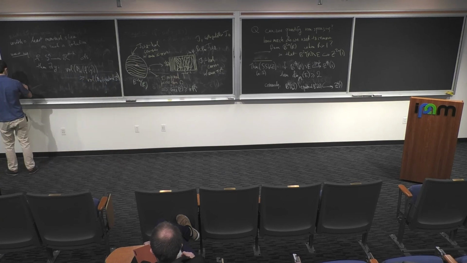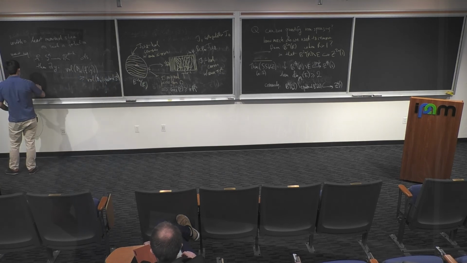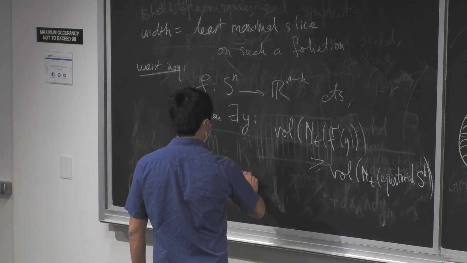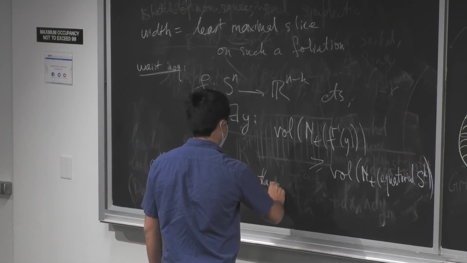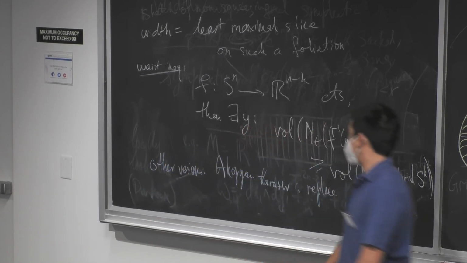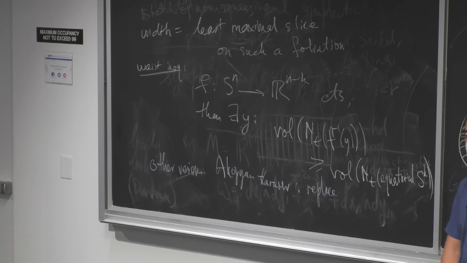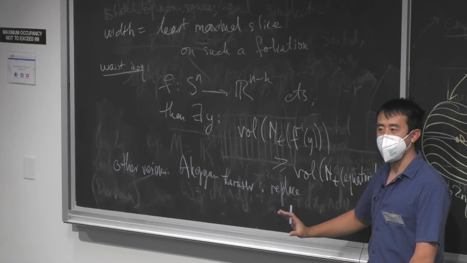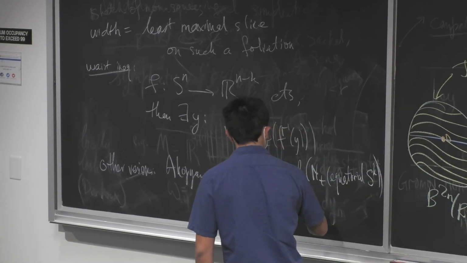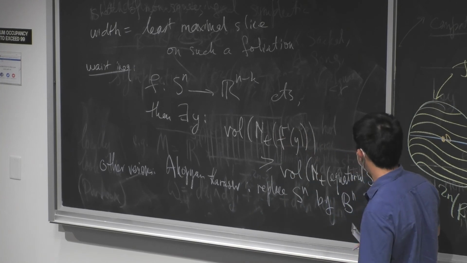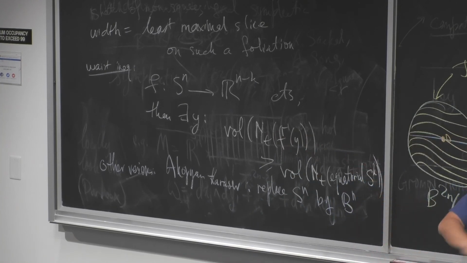Akopian and Karasev proved a waist inequality like this, where you can replace the sphere with the ball. And so consequently this one as well, just with the equatorial ball.